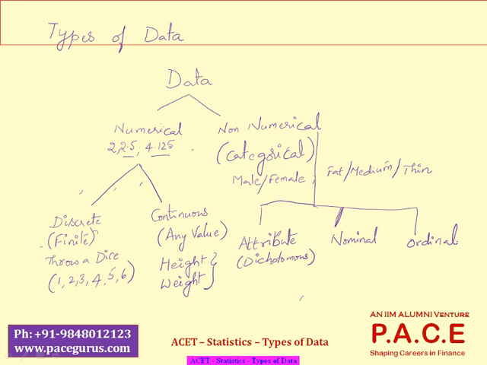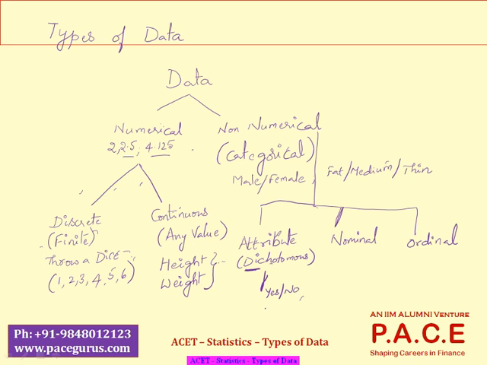When I say attribute based or dichotomous, as the word itself says, there are only two. Di is two. So there are only two possible attributes, two possible values, like yes or no, right?